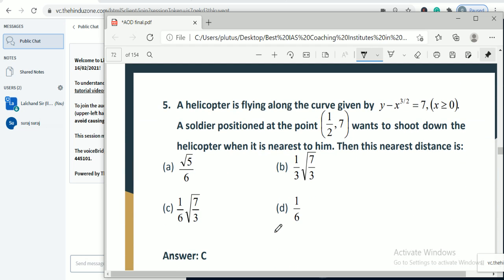Note down this question too for homework. This is based on the concept of shortest distance. We discussed the concept of shortest distance too. You need to find the shortest distance from this point to this curve.